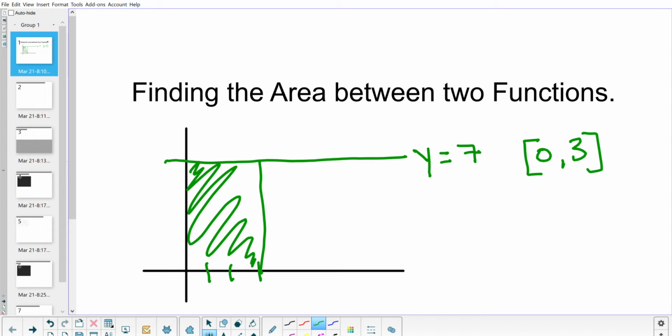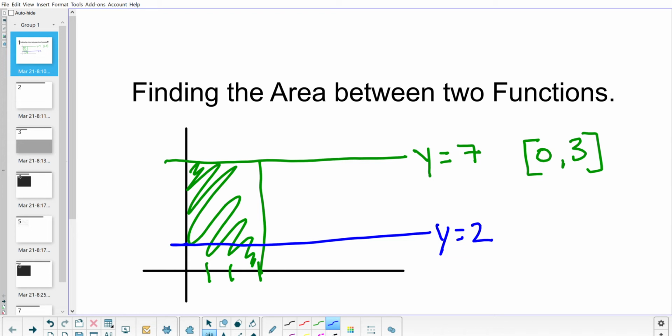Well, we're going to change things now. Instead of being bound by the x-axis down here and that curve, we're going to be bound by another line. So I'm going to say, find the area between the curves, bounded by the curves y equals 7 and y equals 2.